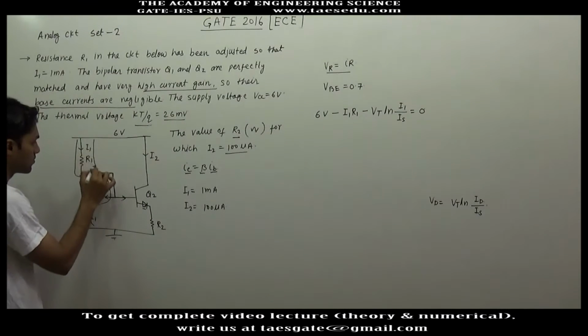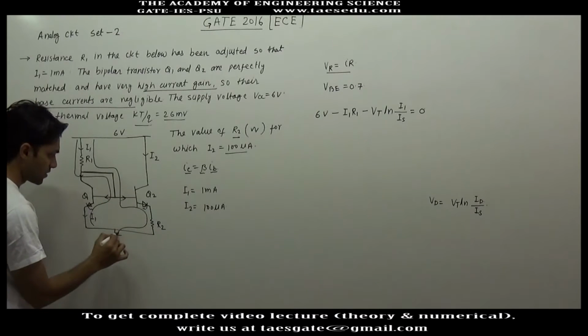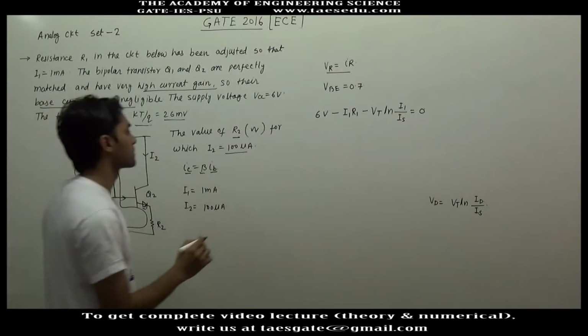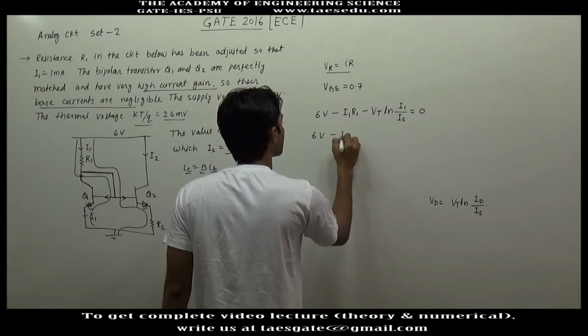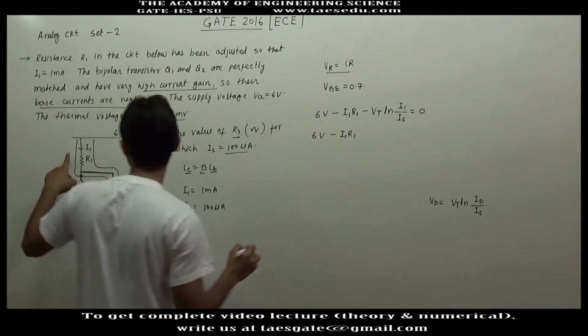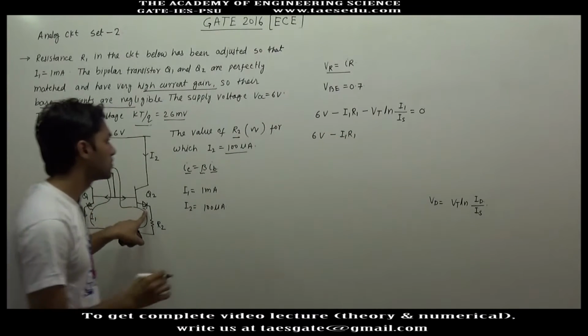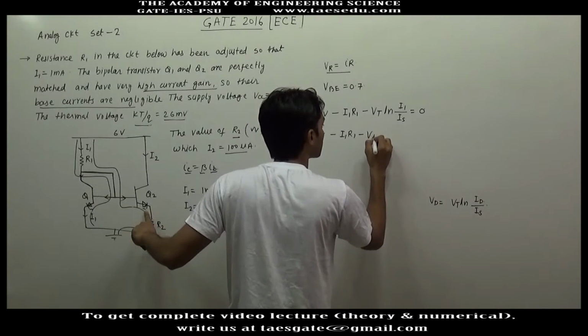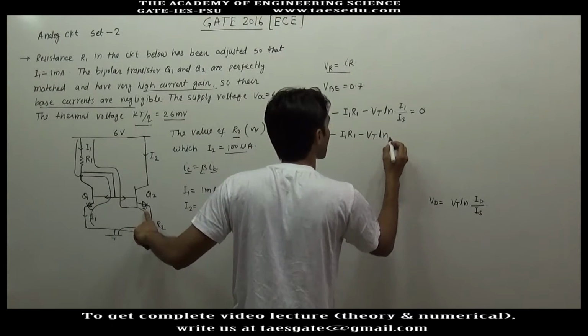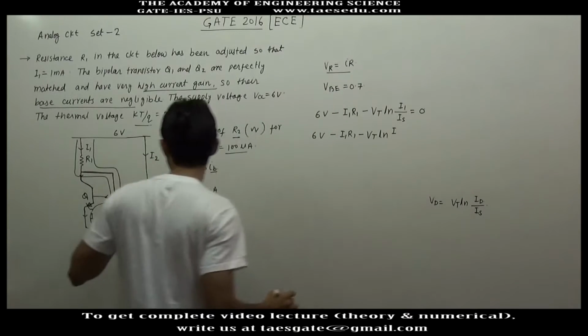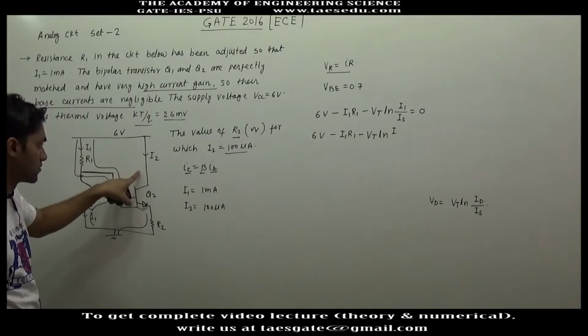Applying KVL in the second loop for R2, again 6 volt minus I1 R1. Then for transistor 2, the thermal voltage and reverse saturation current will be the same, but the current in this transistor is I2.